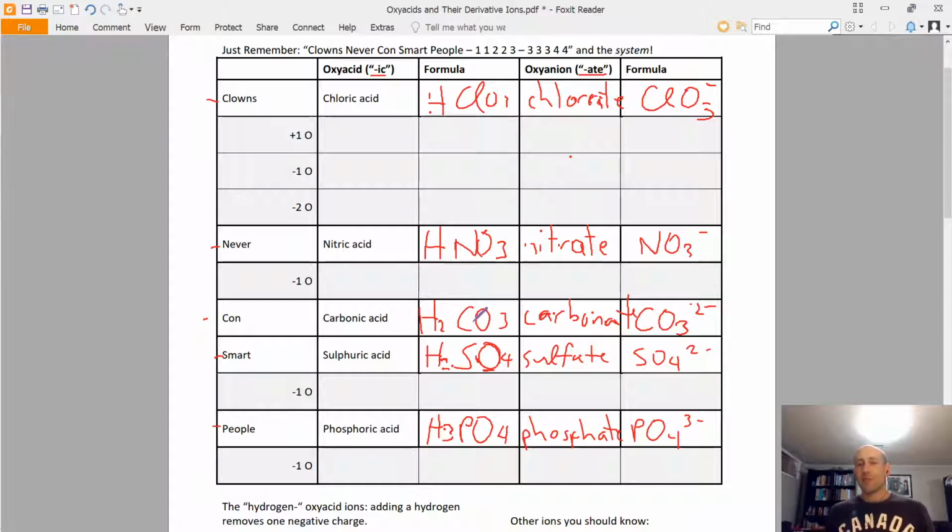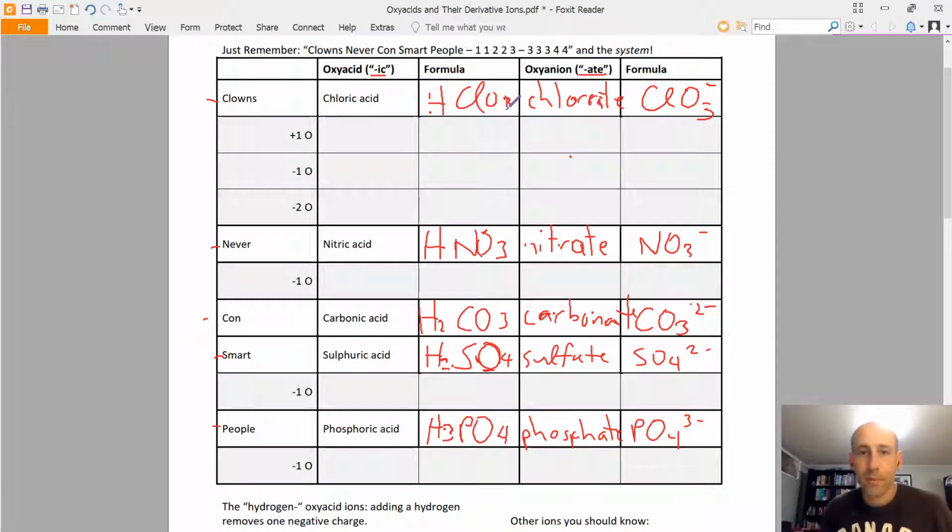Okay, so now the system continues. So it turns out that with the clowns, or the chloric acid, you can have versions with extra oxygens and less than the normal number of oxygens. But we start with HClO3, right? That should be a bit clearer there.